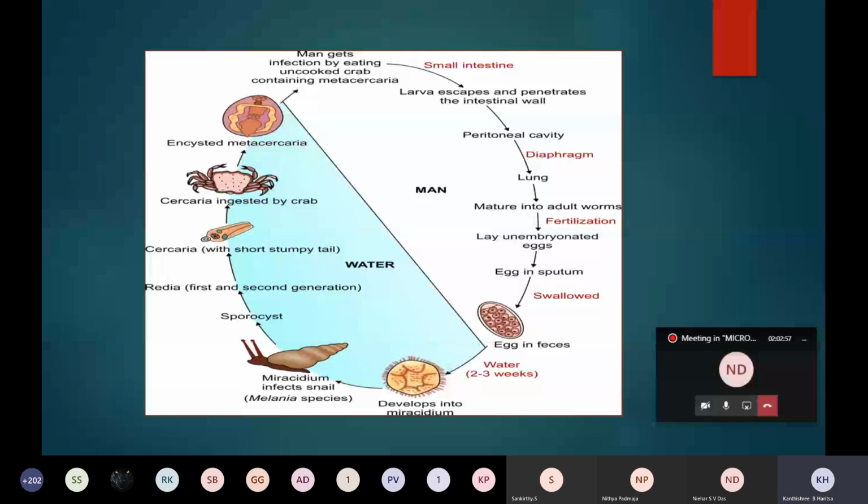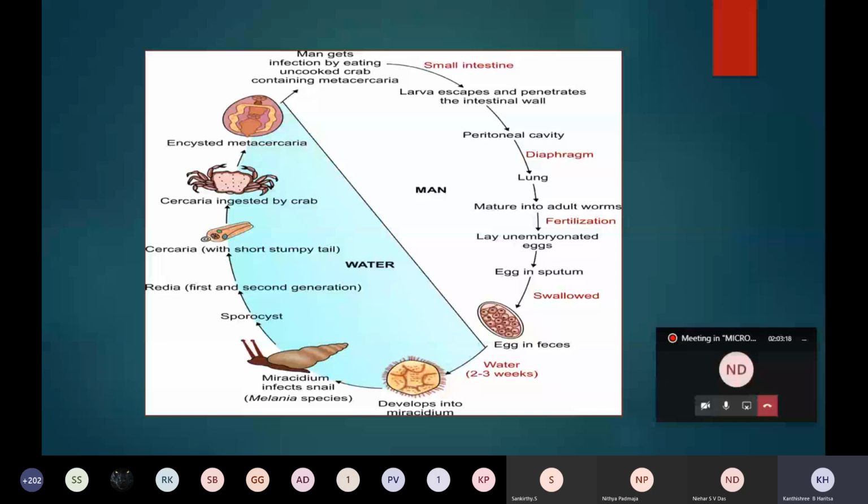So coming to the life cycle, it takes place in man and in the water. Man gets infected by eating uncooked crab or crayfish containing the metacercaria.